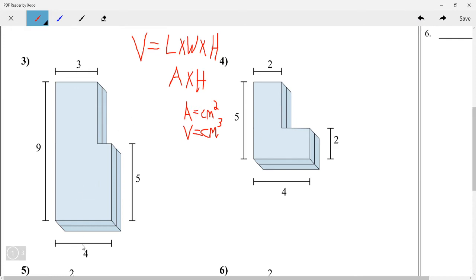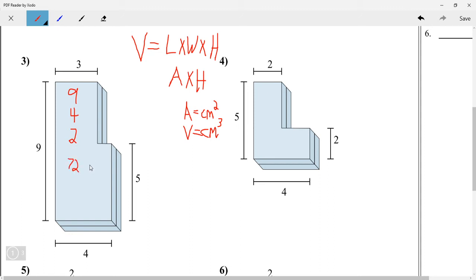So for that, the dimensions would be 9, 4, and 2, right? So 9, 4, and 2. If we multiply 9 times 4, that would be 36, times 2 would be 72.